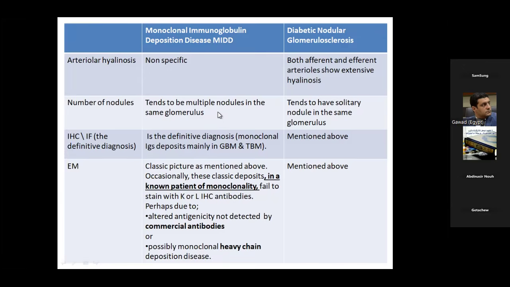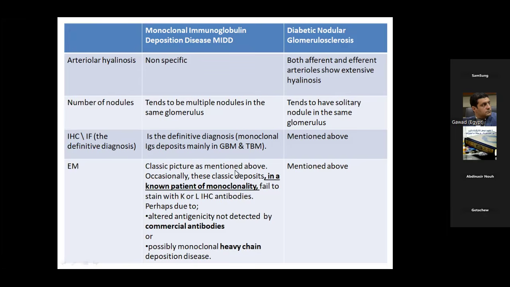It will be more multiple in the same glomerulus in MIDD, while it tends to be more solitary in diabetic nodular glomerulosclerosis. But as we have said, immuno is very important, even if the glomeruli do not give us specific findings or a specific restriction.